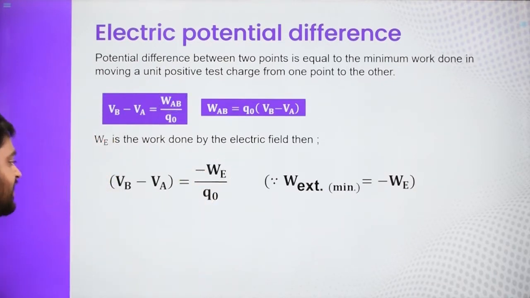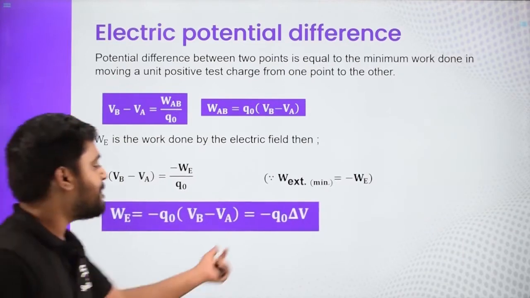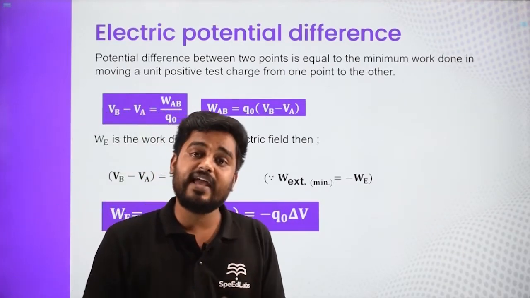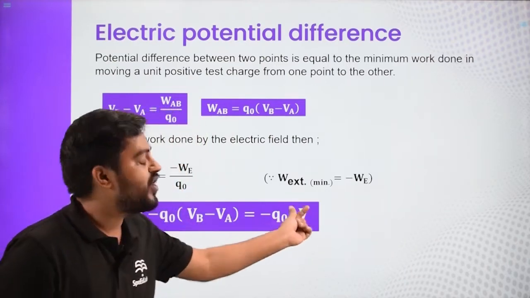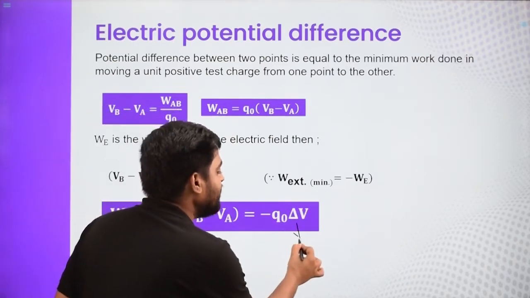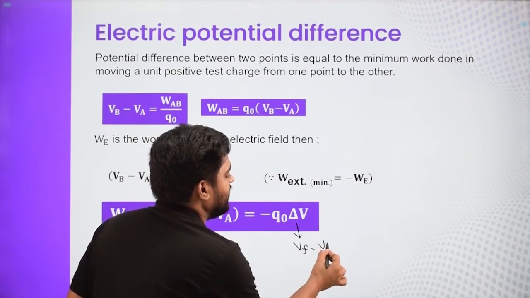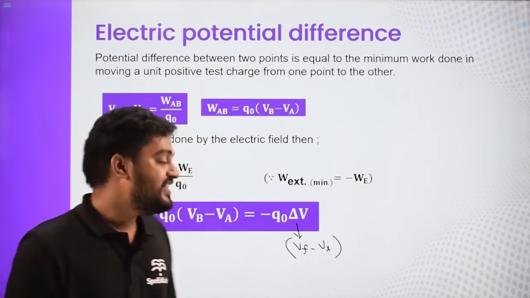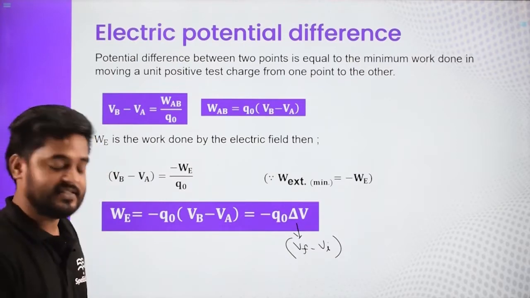So the work done by electric field is nothing but minus Q naught delta V. Remember, delta V is V final minus V initial, or the potential of the final point minus the potential of the initial point, that is the potential difference.